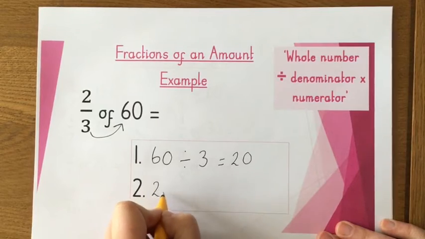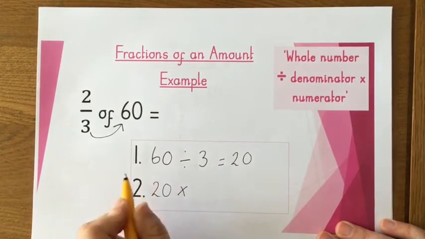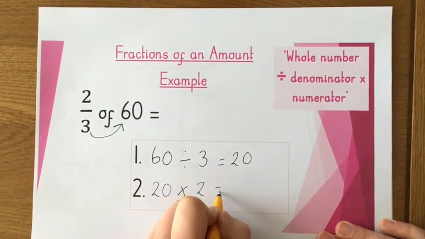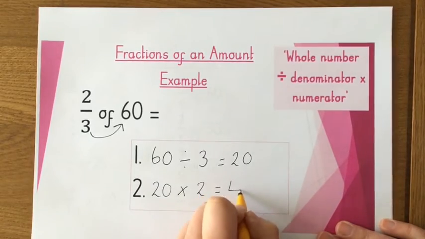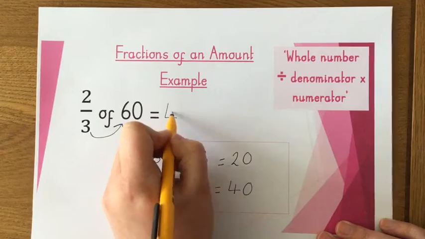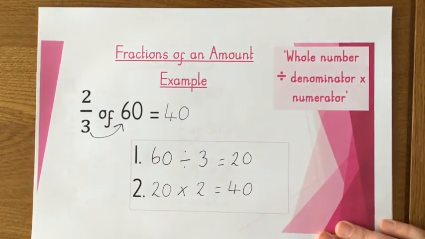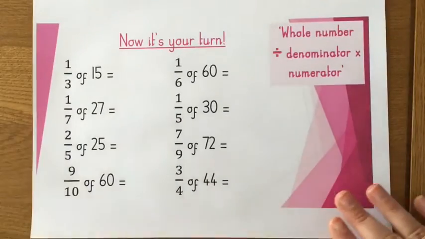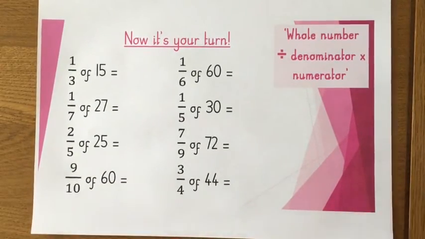And then 20 multiplied by the numerator, which is 2. 20 times 2 is 40. So 2/3 of 60 is 40. Okay. Have a go at these. You may want to pause the video now and have a look.